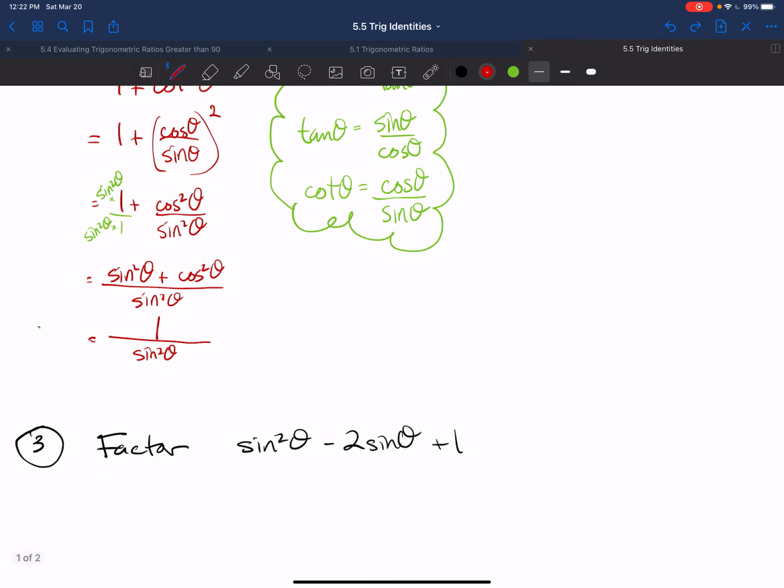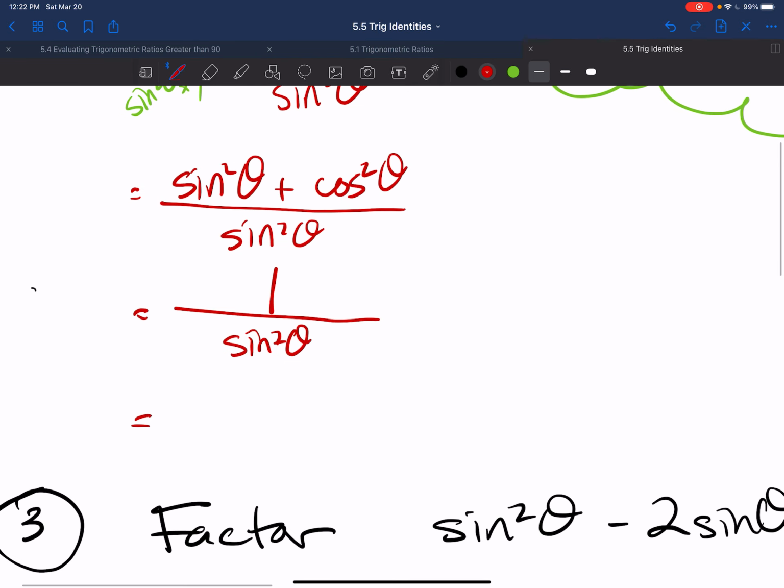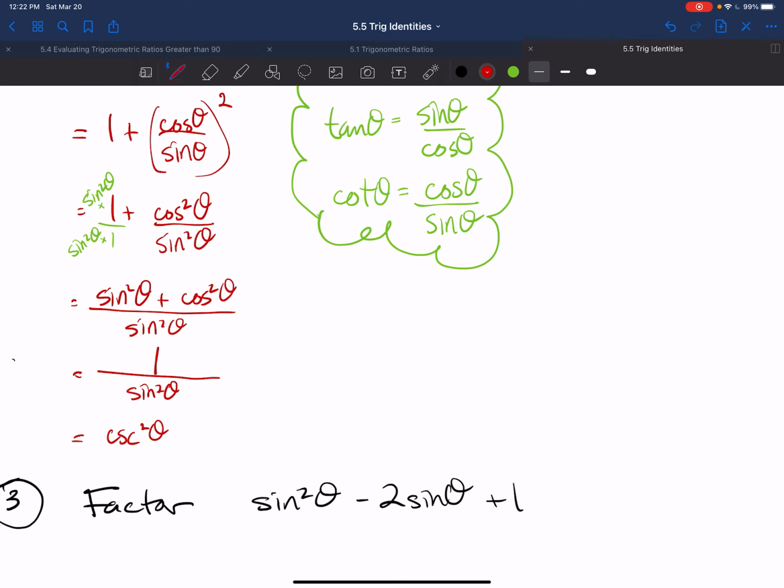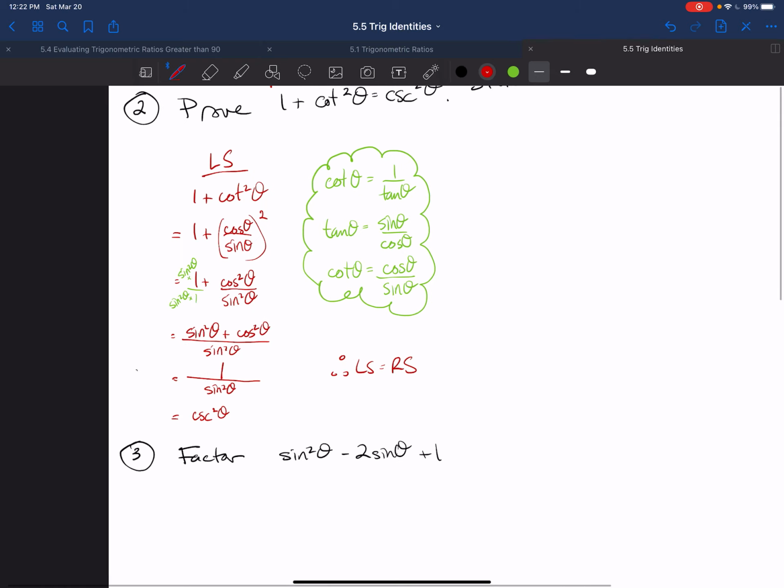So we've done it. This is cosecant squared theta, because 1 over sine squared theta is this. So we have proven that the left side is equal to the right side.